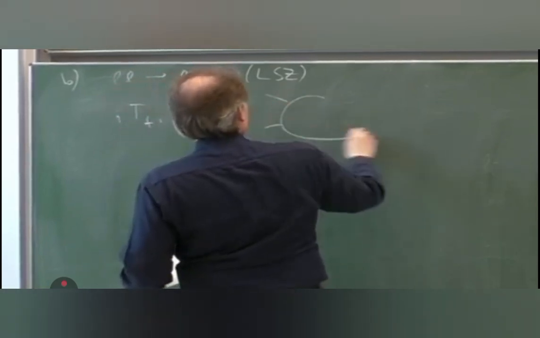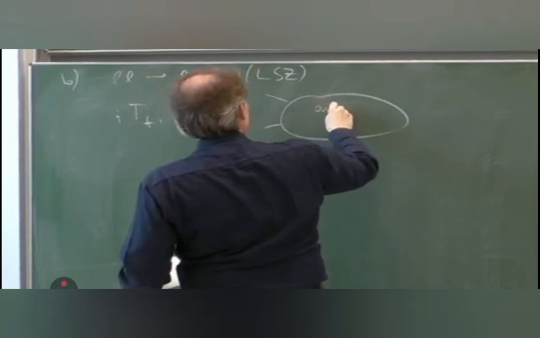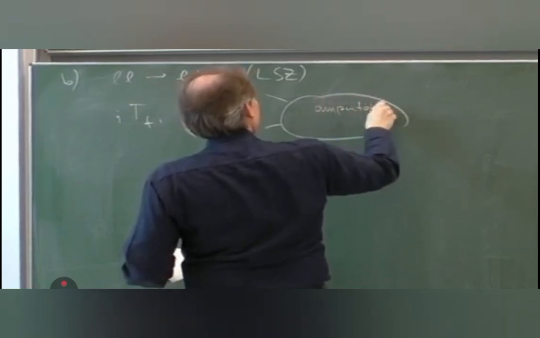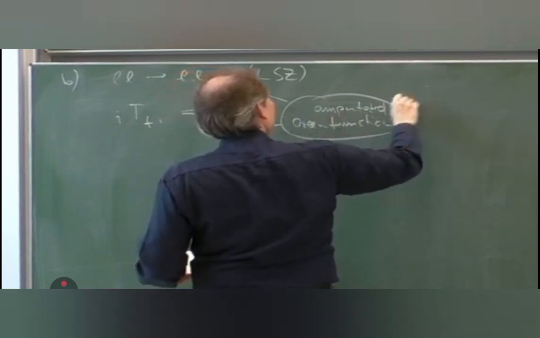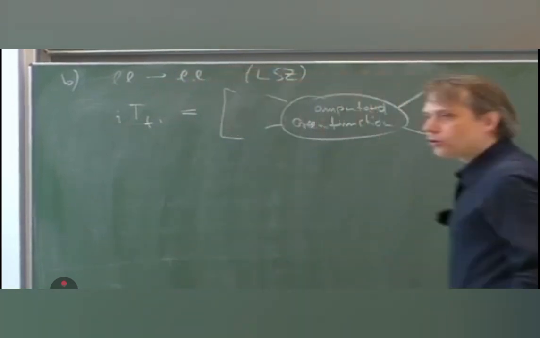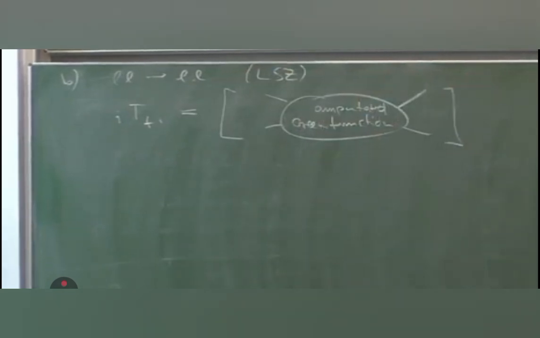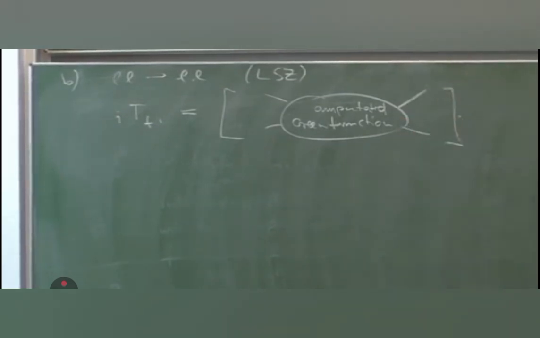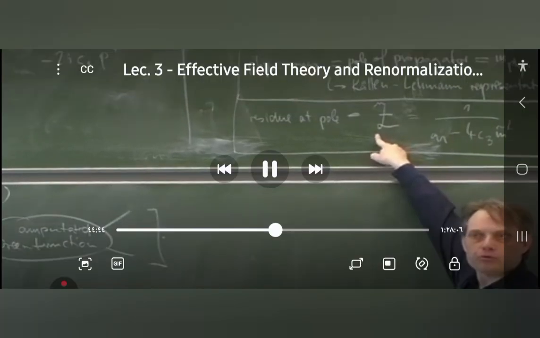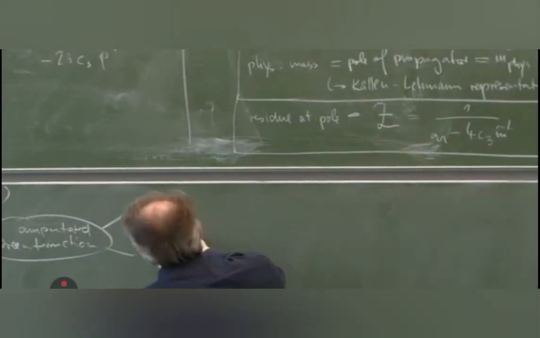You calculate the amputated Green function with 4 external legs. So these are basically the Feynman diagrams for the process here at tree level. But after you calculate the Feynman diagrams without external lines, so the external lines are dropped, that is the meaning of amputated, you multiply with this square root of Z for each external line as a normalization.